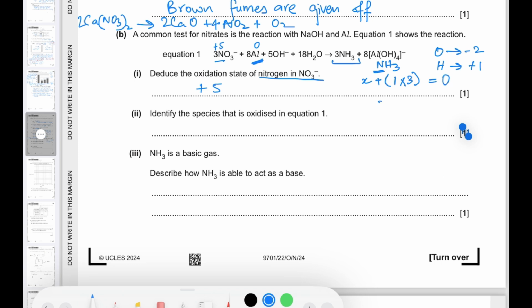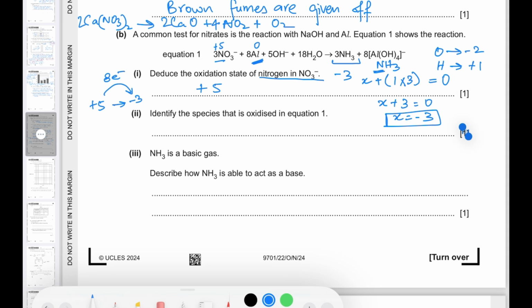That means the oxidation state of nitrogen here is equal to -3. As you can see, this is a decrease in oxidation state for nitrogen from +5 to -3, resulting from a gain of 8 electrons. This is reduction.